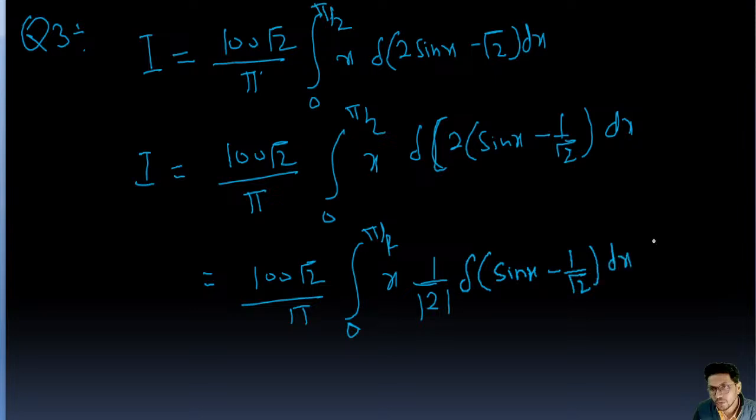This value is 100√2/π, right? So this is the one. Now this is δ(sin x − √2).